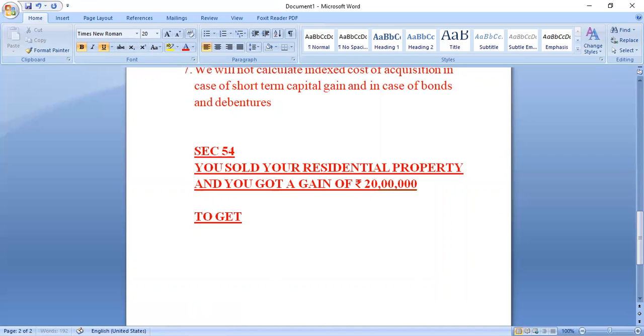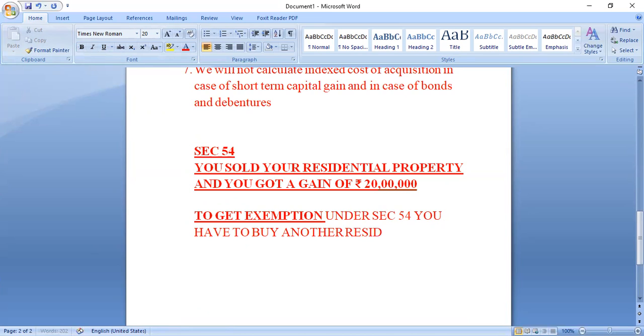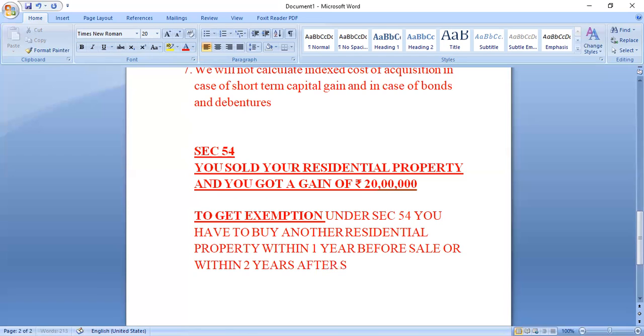To get exemption under section 54, you have to buy another residential property within 1 year before sale or within 2 years after sale. This is to buy a ready-made constructed property.